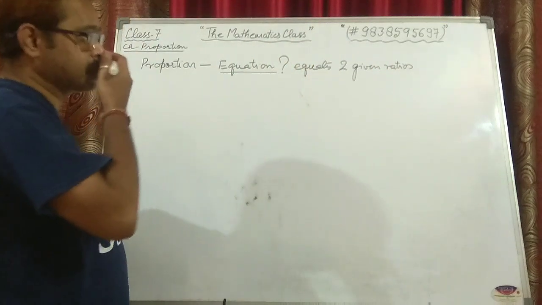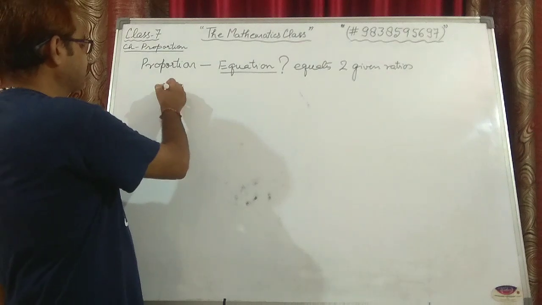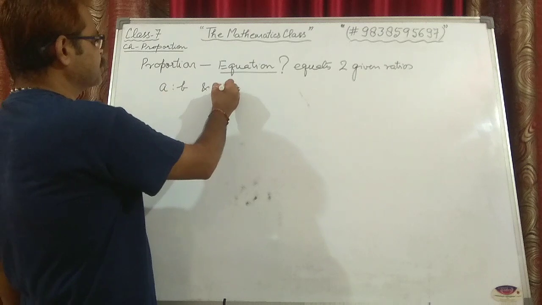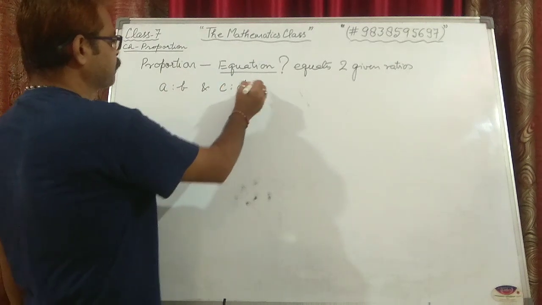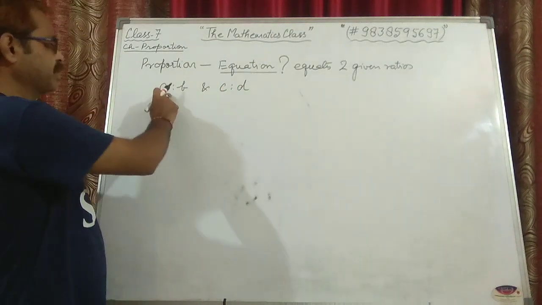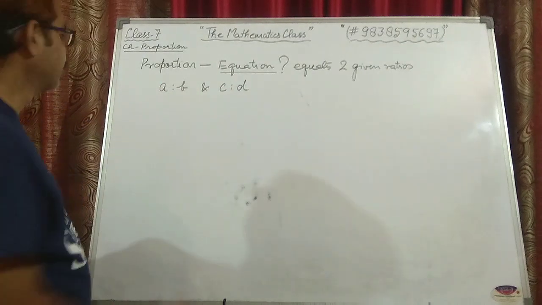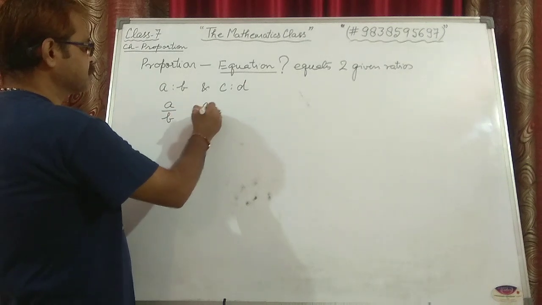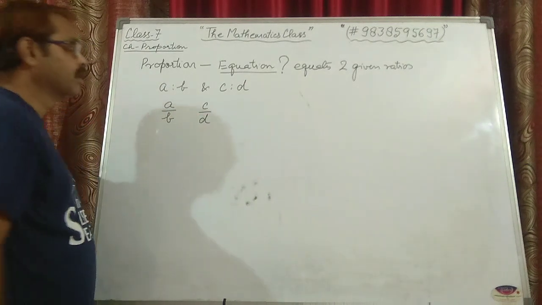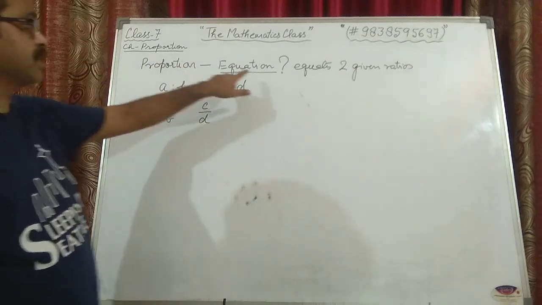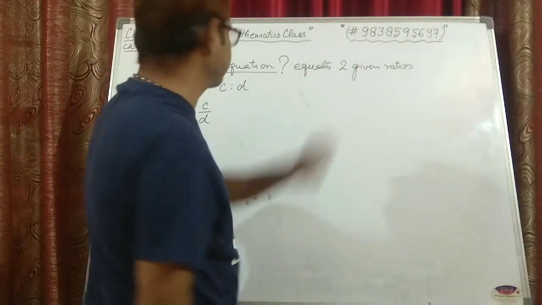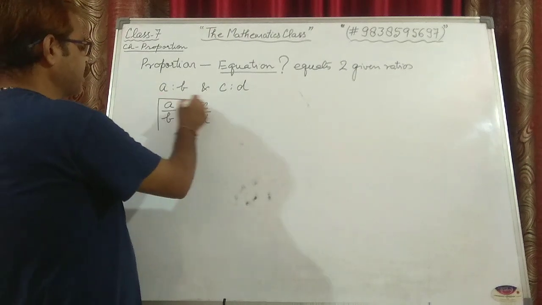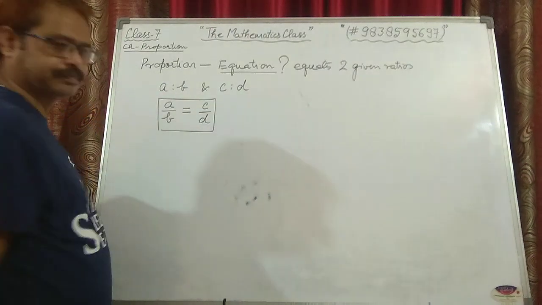Ratios means if I say there is a ratio given A is to B and another ratio given C is to D, we know that ratios can be written as fractions. It means we can write it as A upon B and C upon D. Proportion is an equation which equates two given ratios. If we equate them, this will become a proportion.